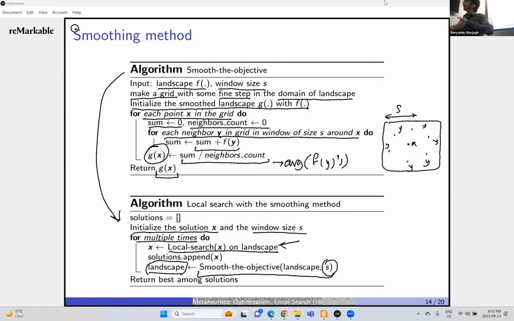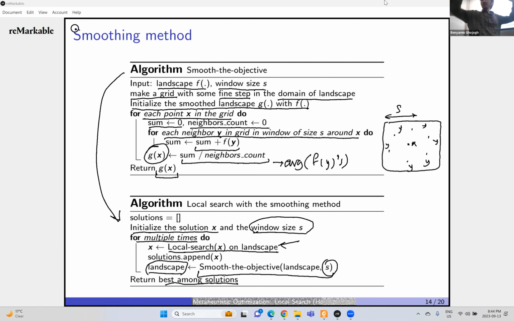Gradually, I hope that the local minimums disappear, so x can get out of the local best and find the global best. Finally, we return the best among the solutions. Do you agree? The window size S, again, can be fixed or dynamic.